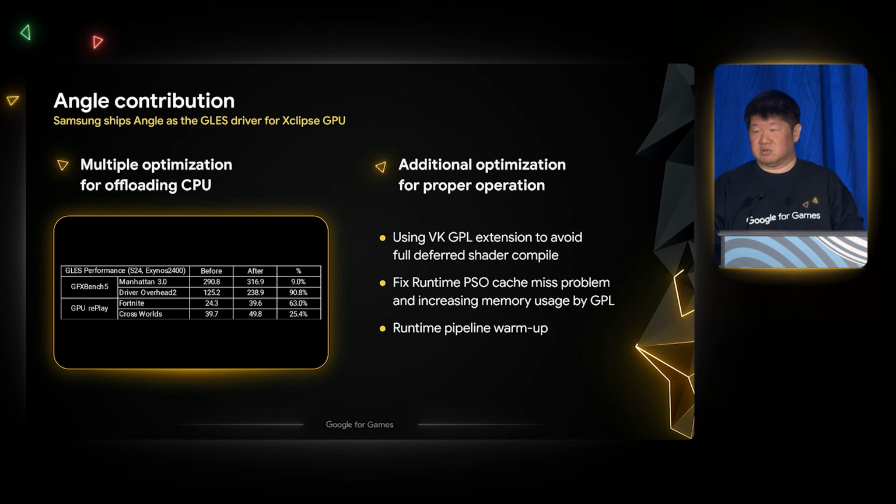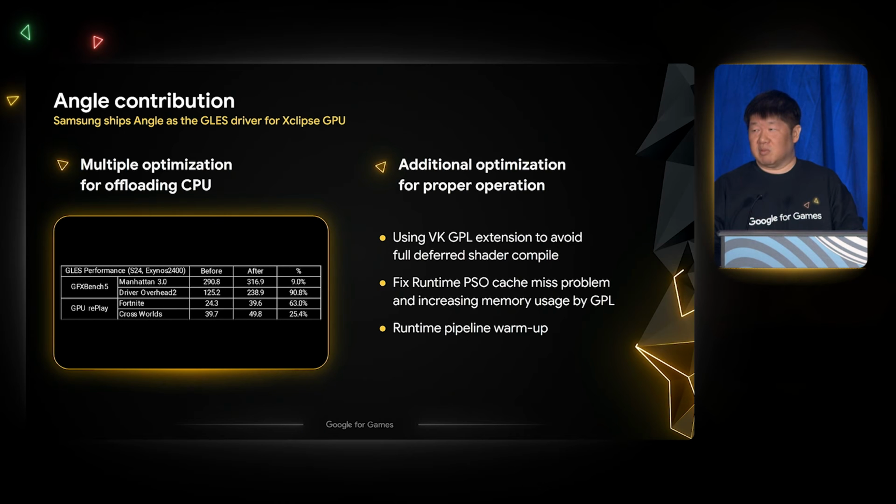And we are really trying to get ANGLE's performance really close to the native GLES driver. We also do additional optimization so ANGLE has more proper operation and behavior, conceptually similar to native GLES, because ANGLE has some restrictions since it is built on the Vulkan backend. GLES and Vulkan have some conceptual gaps. One of the big gaps comes from compilation.